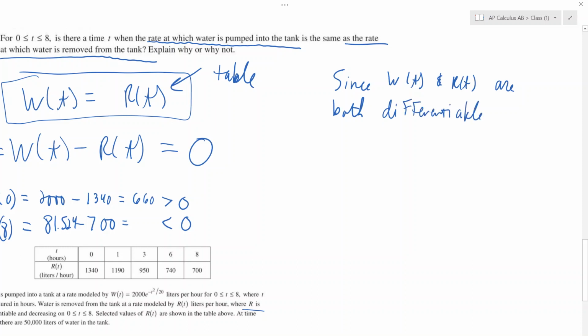If they're both differentiable, and thus continuous, IVT is going to work out here. So I would say IVT applies to this situation. And now all we're going to do is say the function we have goes from above to below or below to above, and then it has to equal that value by IVT.